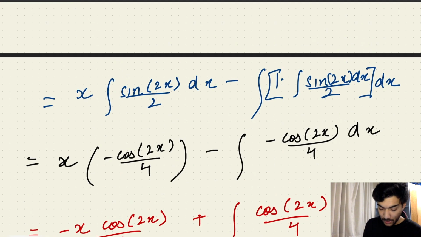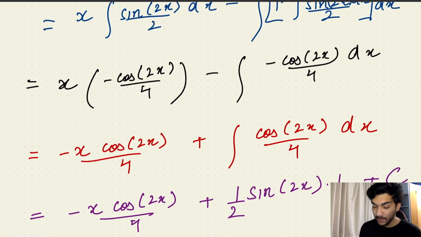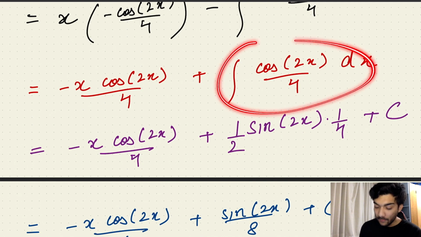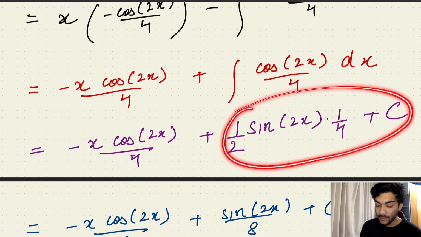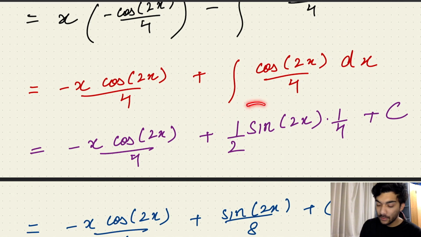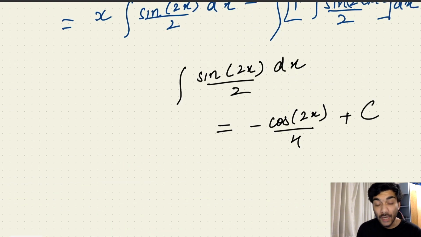So this would be your final answer to the integral of x sine x cos x in this case. And again, if you still didn't get this part, I would highly suggest you first use substitution and assume your u function to be simply 2x and then solve for this integral over here, which you'll definitely get as this expression over here. So that's it for this video.